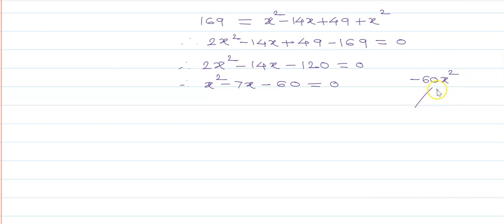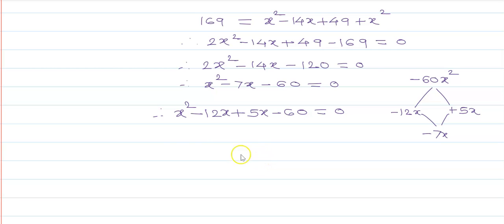Sum must be minus 7x. Then the two numbers are minus 12x and plus 5x. Therefore, we have x square minus 12x plus 5x minus 60, and that's equal to 0.